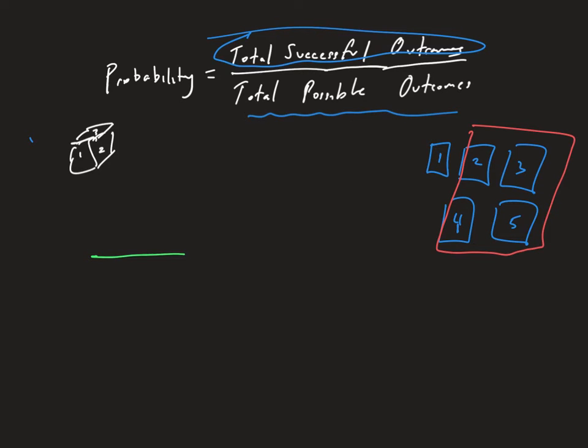So total possible outcomes, we're actually going to use combinatorics. We're going to say we have 5 cards, and we're going to choose 3 of them. So we can write that as combinatorics. Some of you might remember the formula. I hope you remember it.